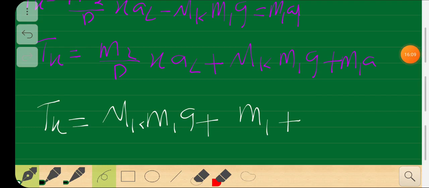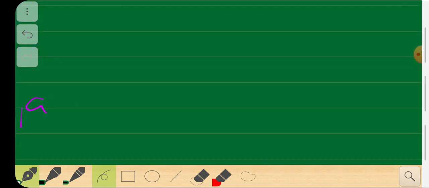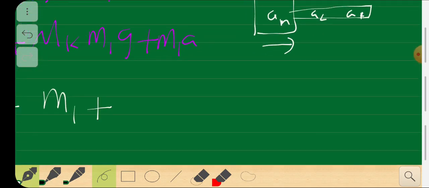I'm taking a outside because, why did I take a outside? If you see, this mass is attached to this string. So whatever the acceleration it has, a of the left part, a of the right part, whatever it is, it will all be the same because they are all attached together. So a left and a right and a will always be the same.